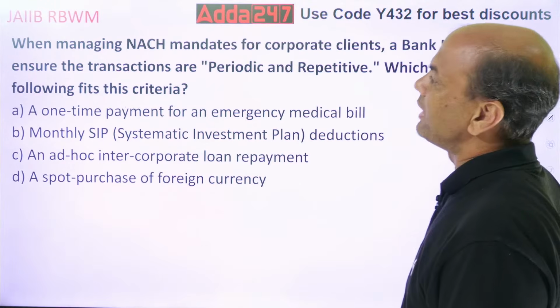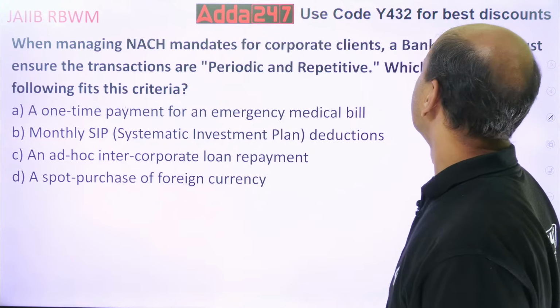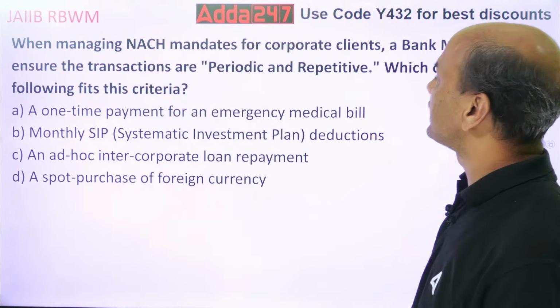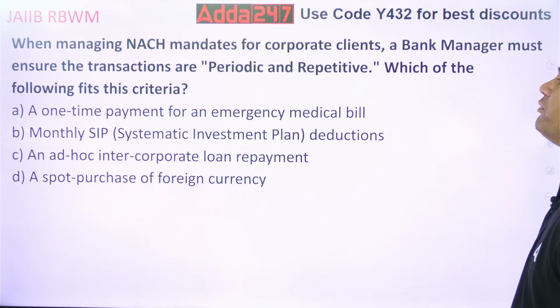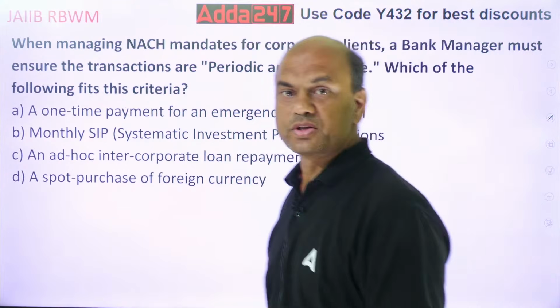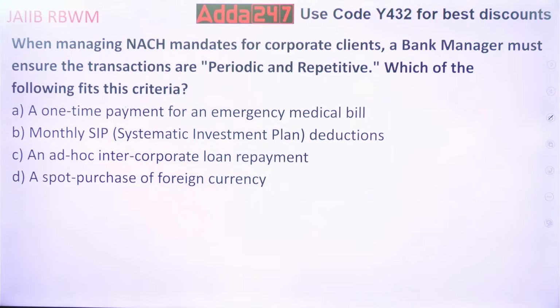When managing NAC mandates for corporate clients, a bank manager must ensure the transactions are periodic and repetitive. Which of the following fits this criteria? So good question. Such questions you will see in the exam also. Think of it, everyone.